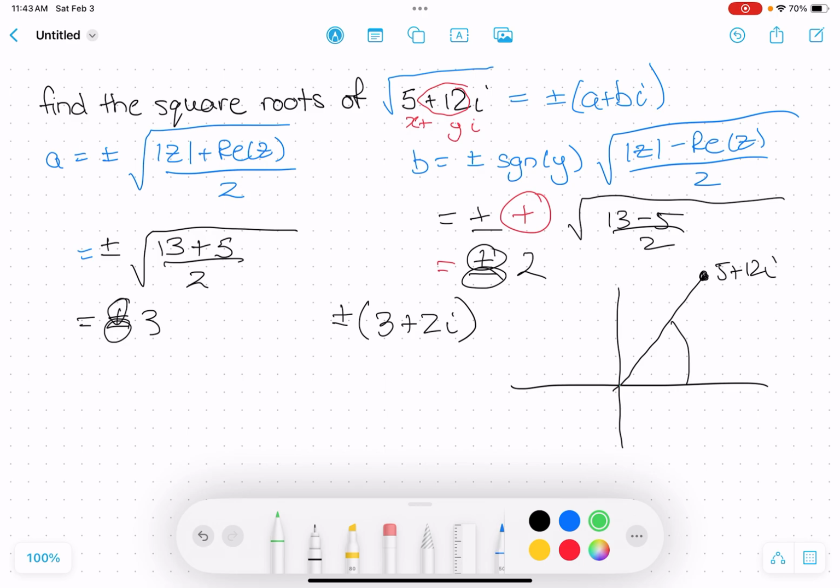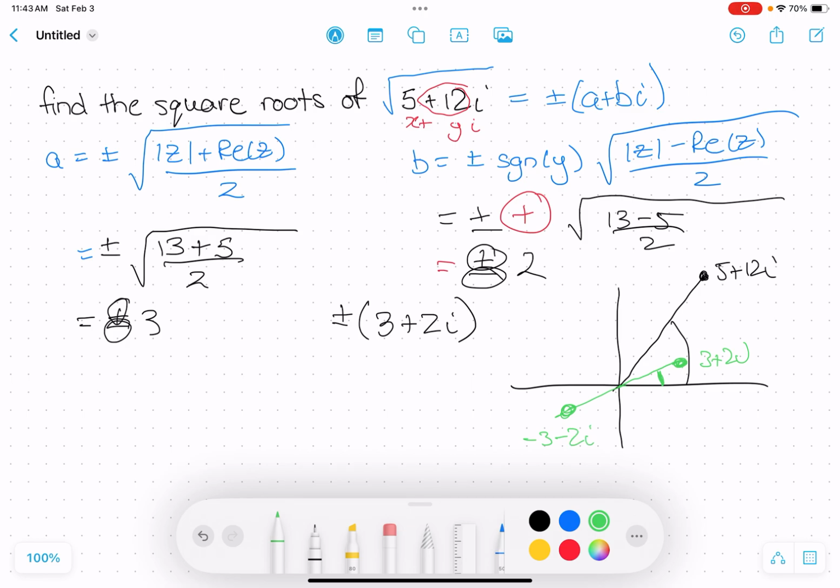So 3 plus 2i should be somewhere like that, and that should be half. That green angle is half the black angle. So that would be 3 plus 2i, and then if I rotate by 180 degrees, the other one should be here. So minus 3 minus 2i should be here.